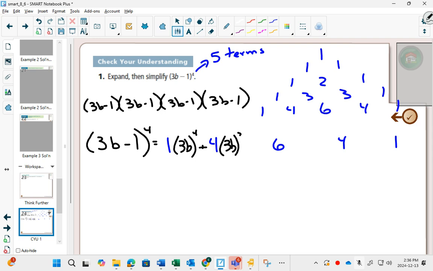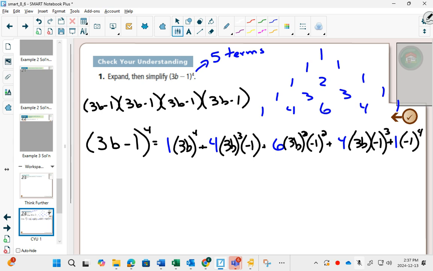And then the second one, your 3b goes down by 1, and you have the minus 1 once. Then we're going to have the 3b squared and the minus 1 squared. Then just the 3b and the minus 1 cubed. And finally, the last one is just going to have that minus 1 multiplied by itself 4 times.